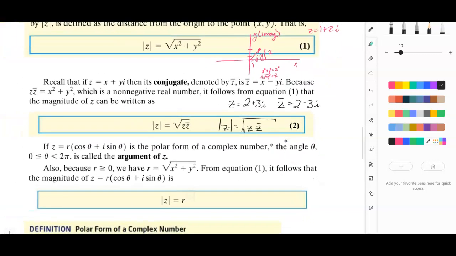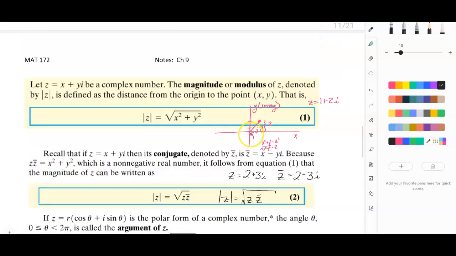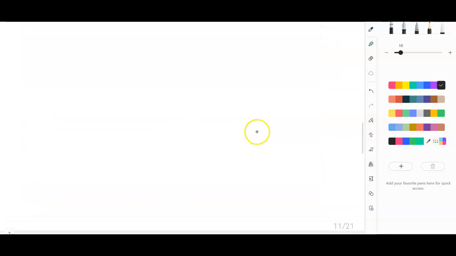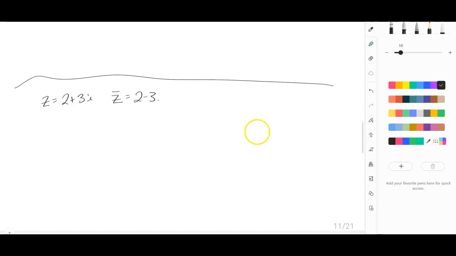All right, so let's look at that for our example here, 2 plus 3i and 2 minus 3i. And I'm going to just scoot up so I have a little bit more room to write here. So think about where 2 plus 3i lives. 2 plus 3i is going to live at this point here.